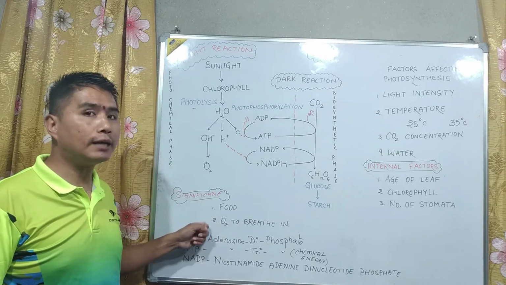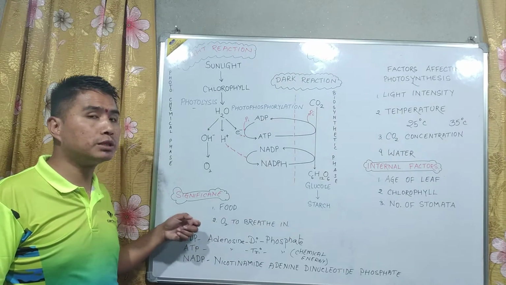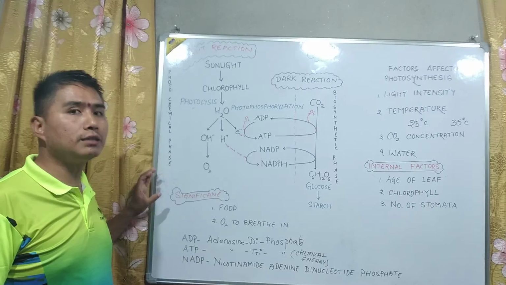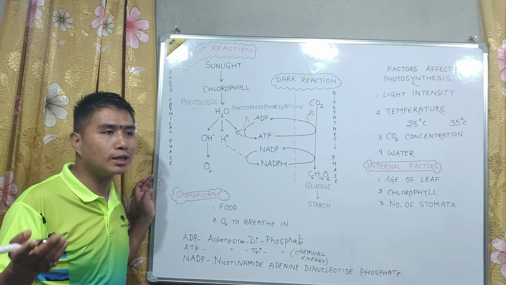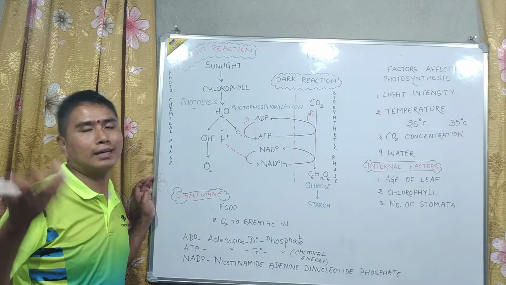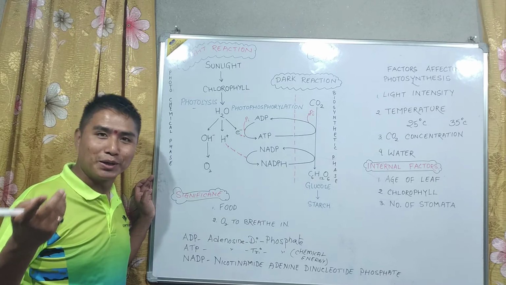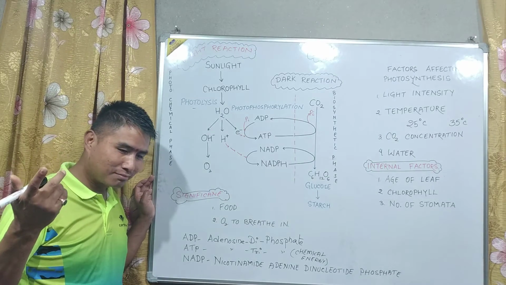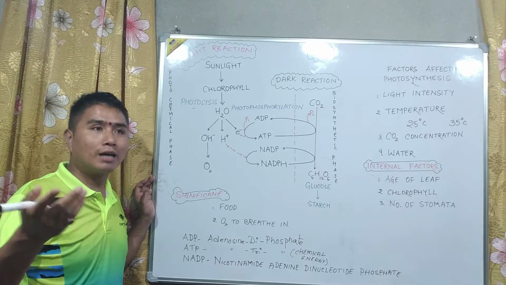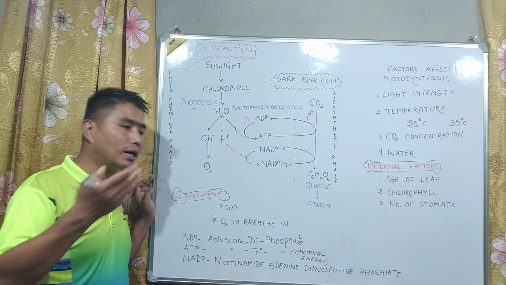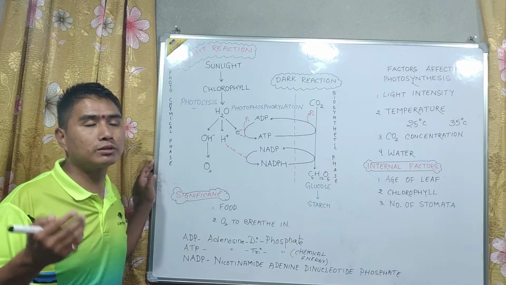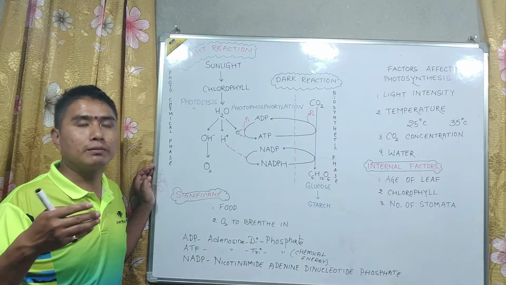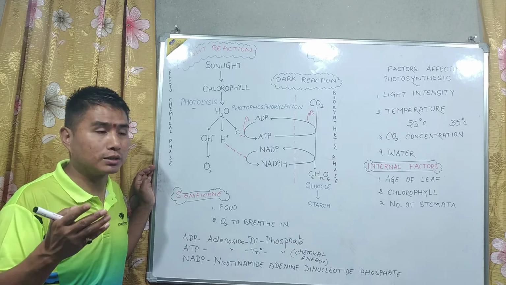So that is food and oxygen, the oxygen gas we breathe in. So photosynthesis is very important as far as oxygen is concerned, and you all know very well right now how important oxygen gas is. Corona patients have been buying oxygen cylinders for 25,000, 45,000, or even more, they are ready to pay, just for a cylinder of oxygen to survive.